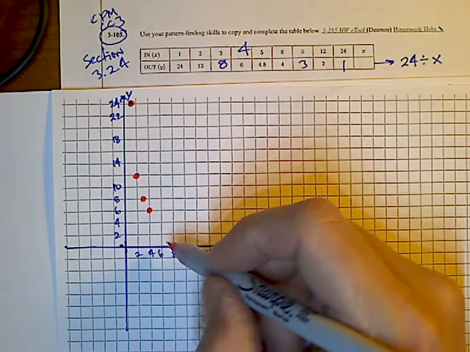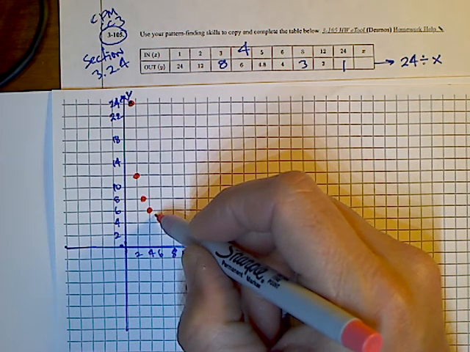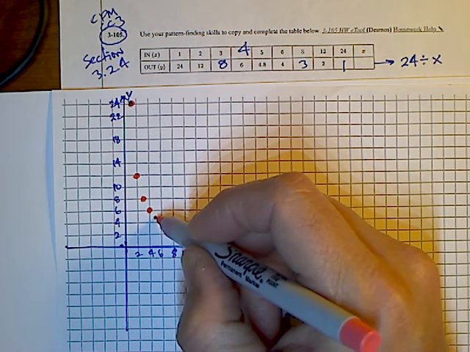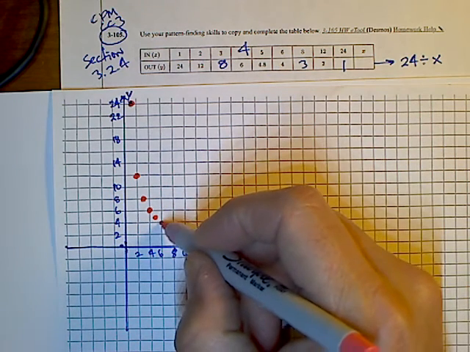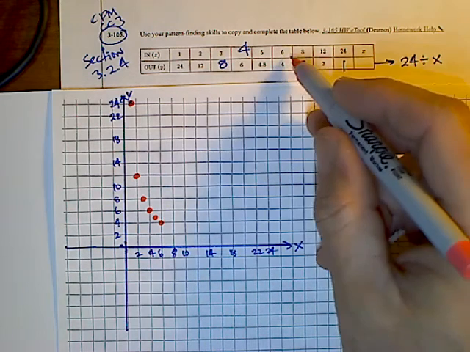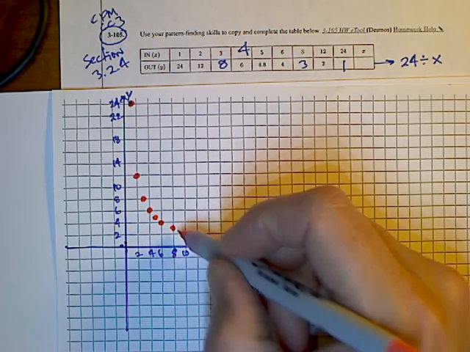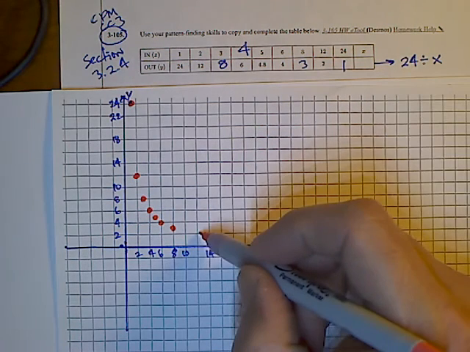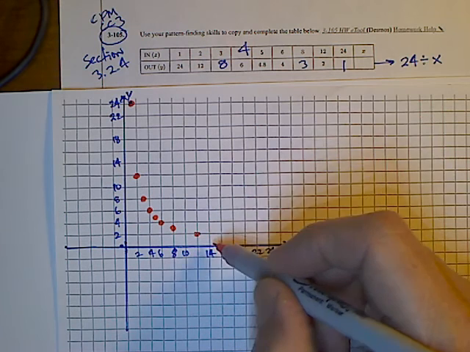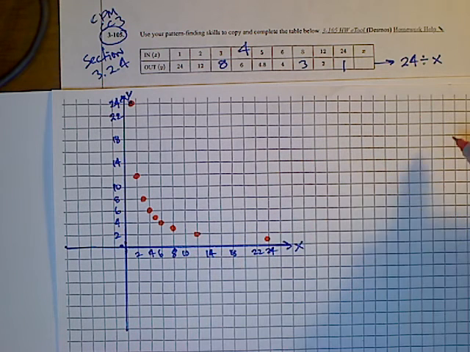Okay, and then same thing, 2, 4, 6, 8, 10, 18, 22, 24, right? So let's graph our table of values. I'll put some arrows on my axes and label my x-axis, my y-axis.